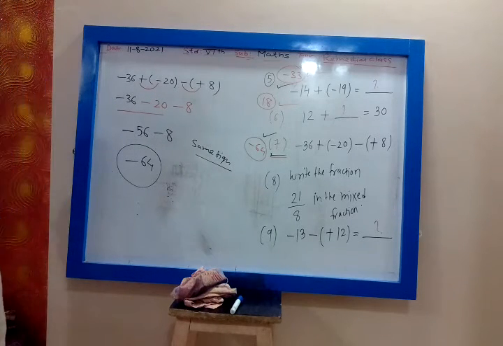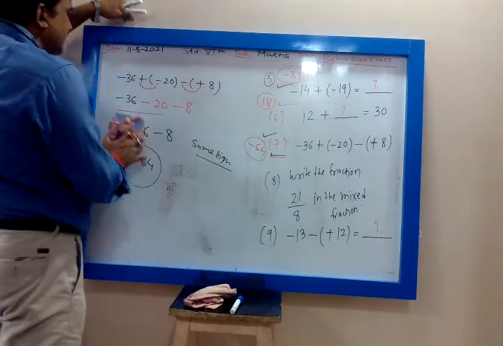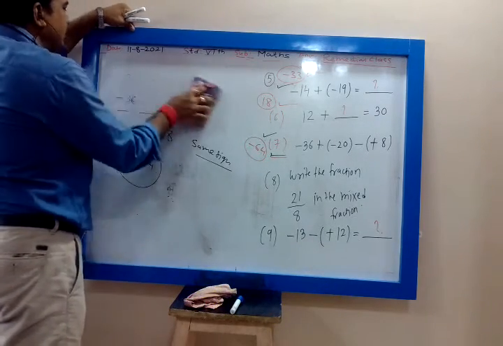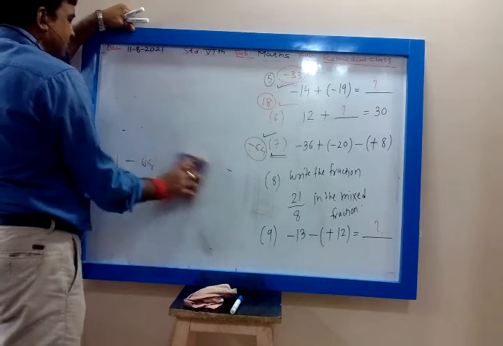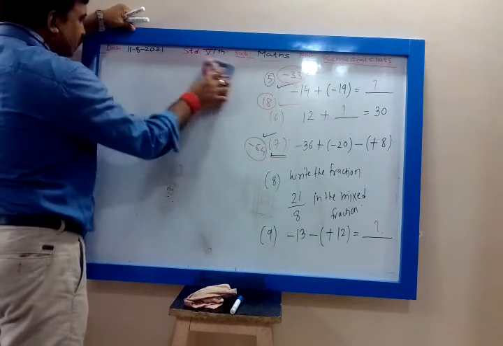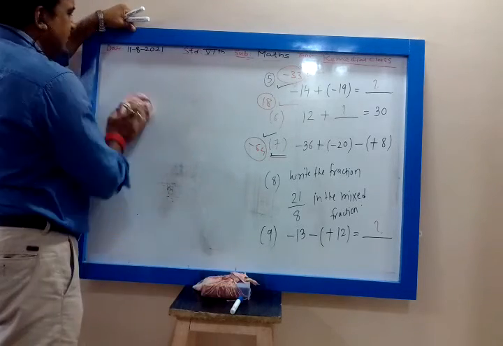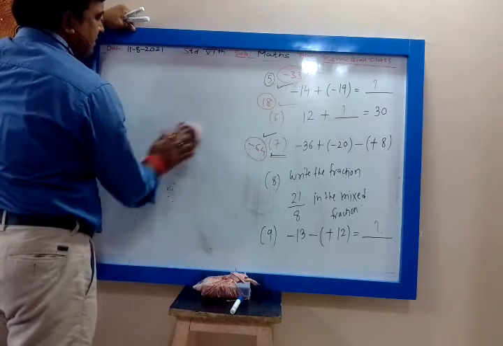Yes, 21 upon 8 in the mixed fraction. How much time are all of you taking? Listen. 21 upon 8. Parth Joshi. 21 upon 8 in the mixed fraction. Tell me the answer fast.